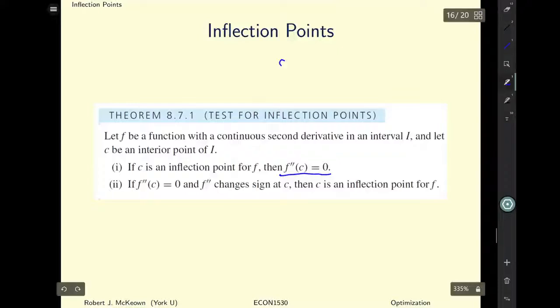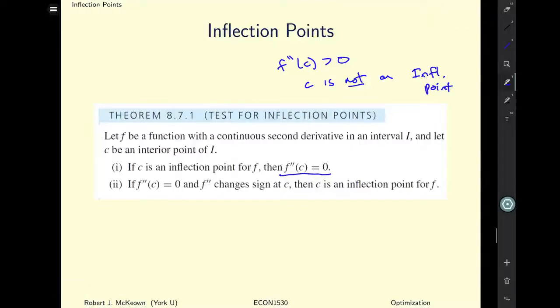Right? So if f''(c) is greater than 0, c is not an inflection point. That's essentially what 1 is saying. It's a necessary condition that the second derivative must be equal to 0.